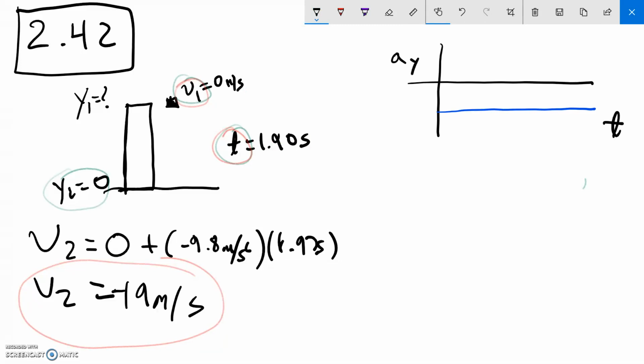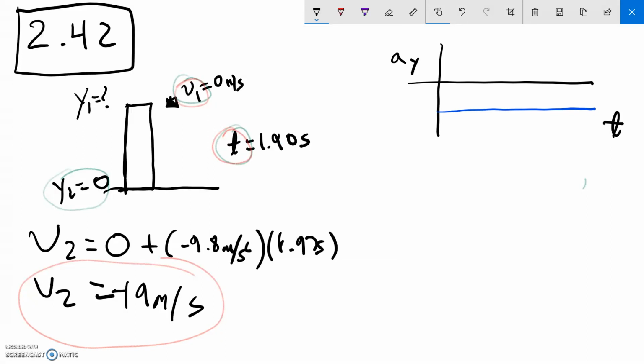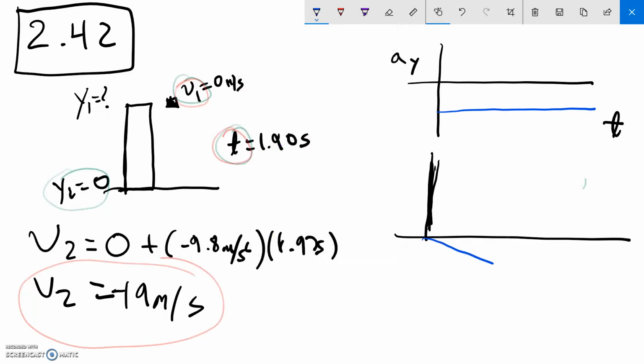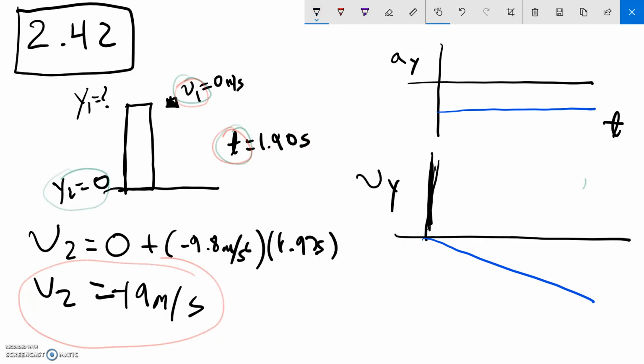You know the integral of a horizontal line that's not zero would be a slope. And since it's a negative slope, then I should get for my velocity a downward slope. Since I start from a velocity of 0 that gets more and more negative, my velocity should look something like this for my Vy versus t graph.